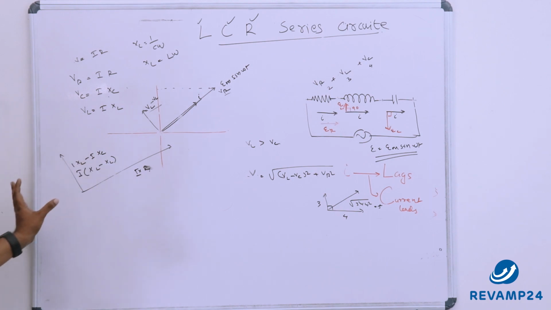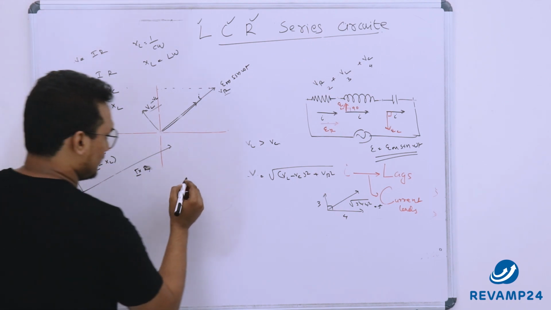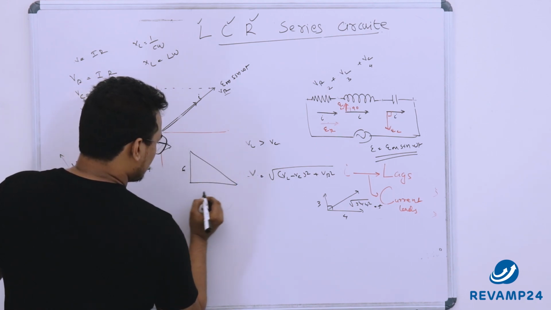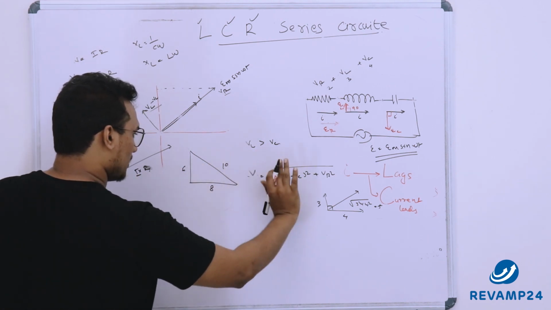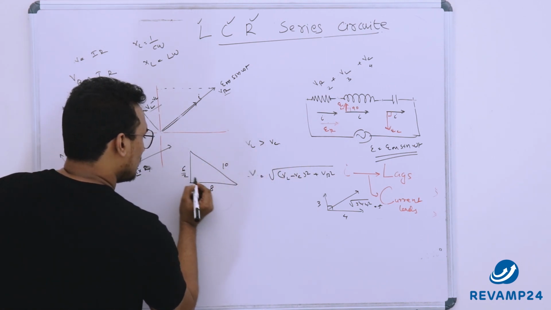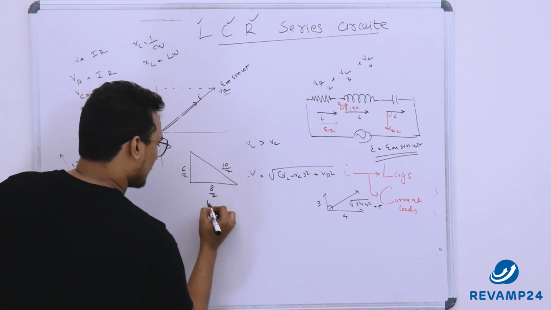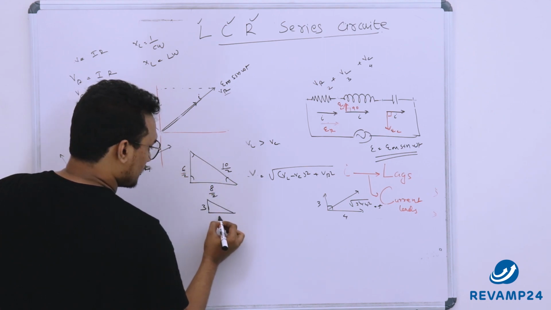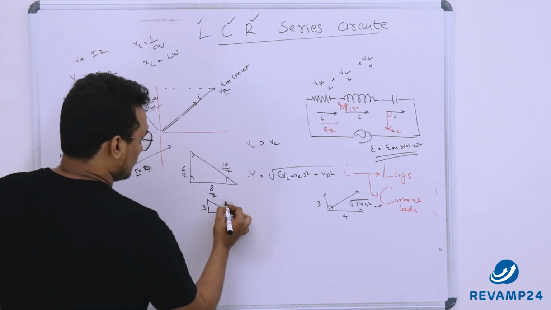So if you are removing the constant, it would be in the same direction, but the size would be a little bit different. For example, if this is 6, 8 and 10, on dividing all the numbers by a constant of 2, then the triangle would be the same, only the size would differ, and the angles would be the same, but this will become 3, this will become 4, this will become 5.